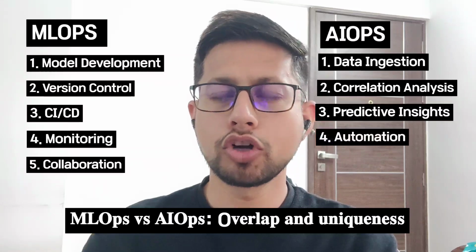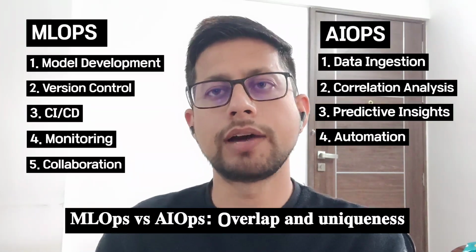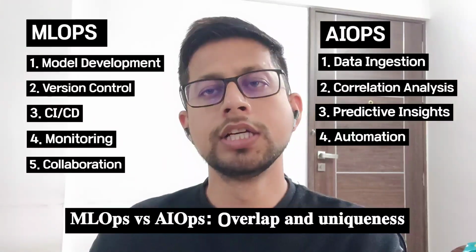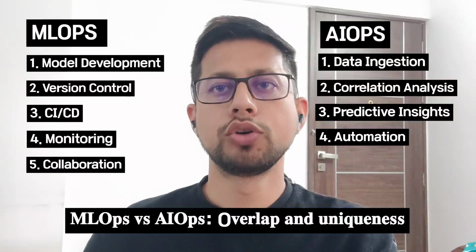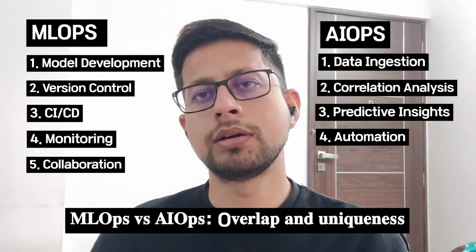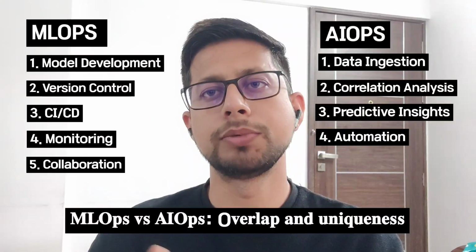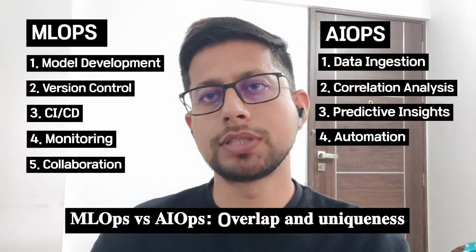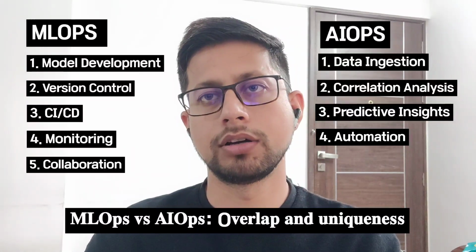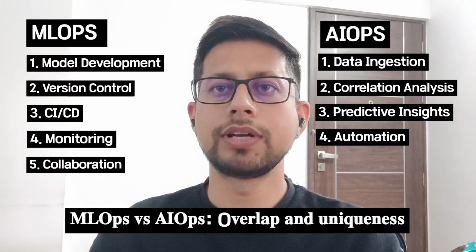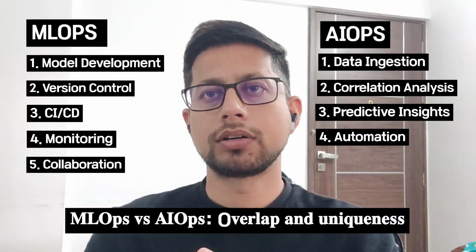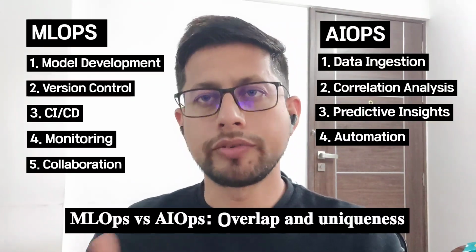That's the fourth component after predictive analysis: automation. When your predictive maintenance predicts that this is the bug and this could be the response, using automation you can automatically fix that bug without human intervention. That's where it becomes very advantageous and cost beneficial.